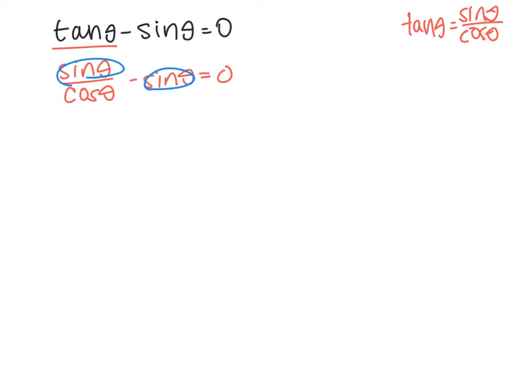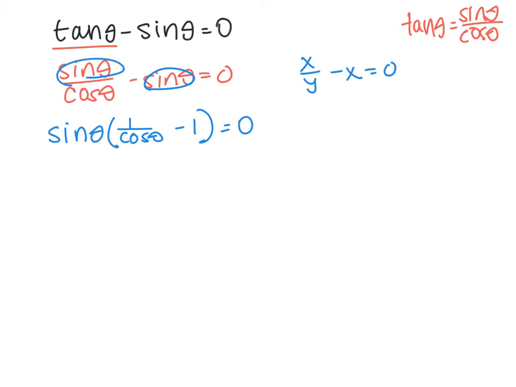Again, if you want to change these to x's and y's, you could write this as x over y minus x equals 0. Either way, we can factor that sine out, or you can factor the x out. So if we take sine of theta, bring it out front, now we're left with 1 over cosine of theta minus 1 equals 0.